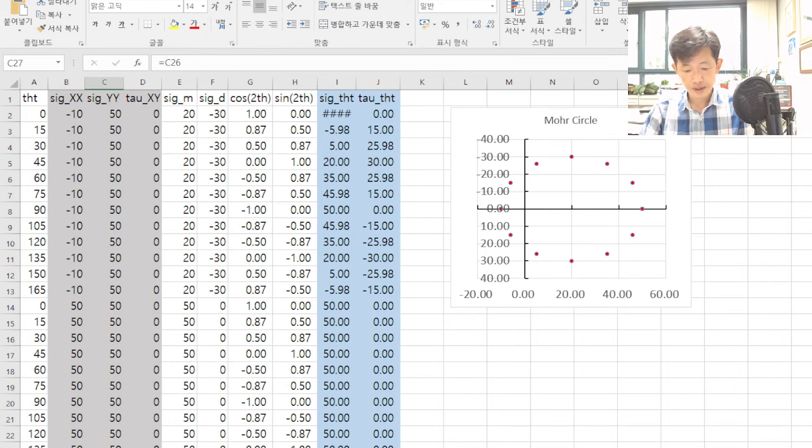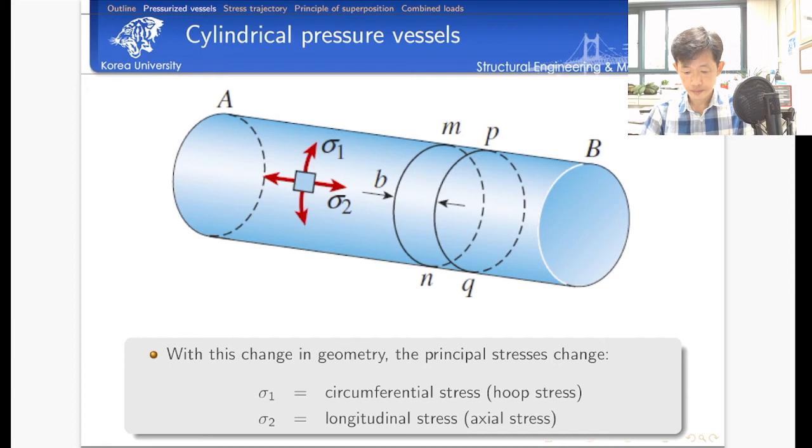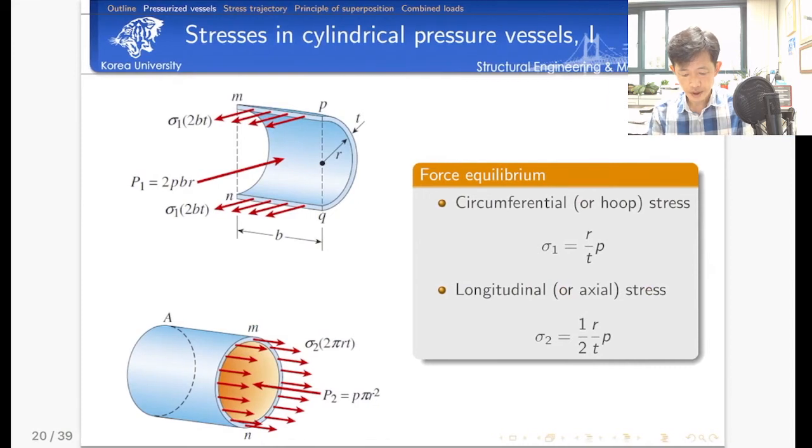The next subject is a cylindrical pressurized vessel. In the case of cylindrical pressurized vessels, we have to consider force equilibrium in two different directions. The first one is force equilibrium in the longitudinal direction, and also we need to consider force equilibrium in the plane direction. So let's consider a small segment here.